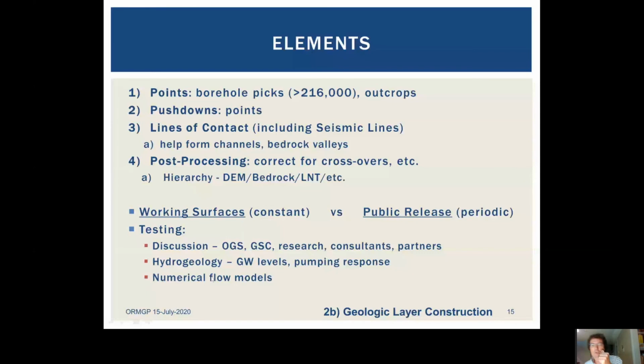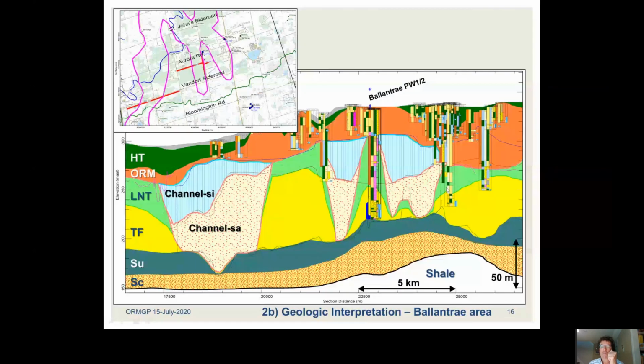So, for example, a lot of our interpretation is done on cross section, where we show various pieces of information here for a well. We're showing, as the MOE has a map 1, 2, 3, we're showing different materials, clay, sand, gravel.